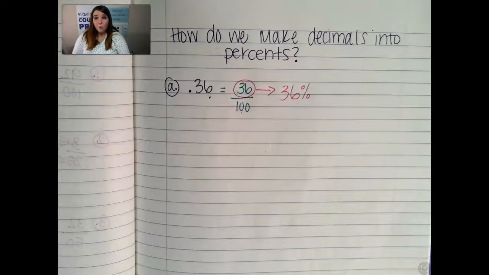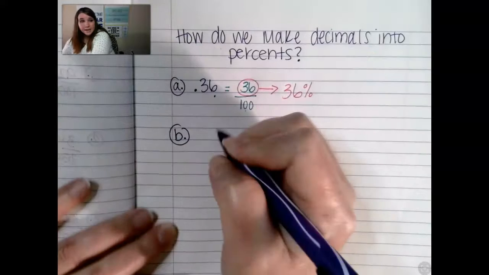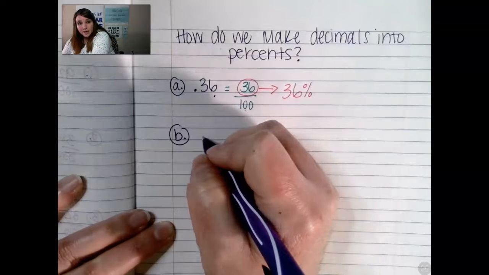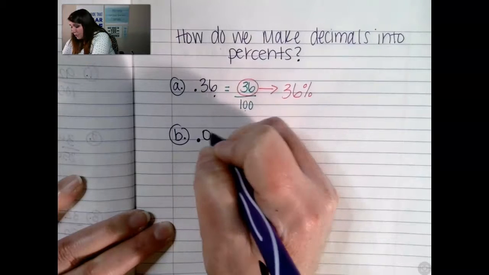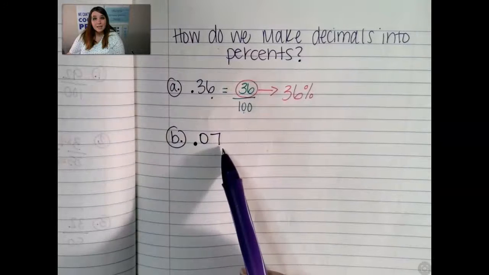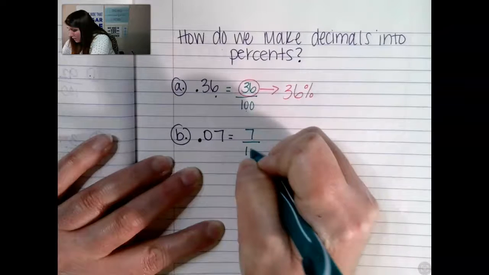Okay? Now, what happens though if you get a decimal that's like this? Let's say you get a decimal that is 0.07. Well, this says 7 hundredths, right? So 7 hundredths. This means that it is 7 over 100.